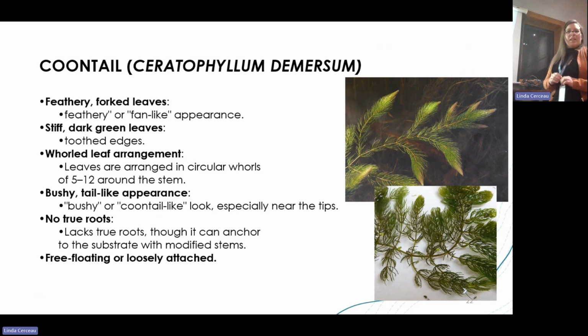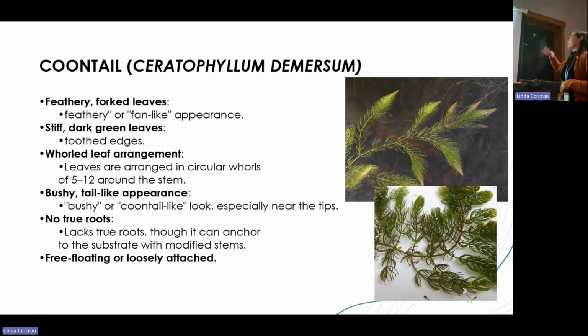And so we have coontail here, which many people say is a nuisance, or it can become a nuisance at nuisance densities overall. This one is really cool because it kind of reminds me of a raccoon tail, per coontail.